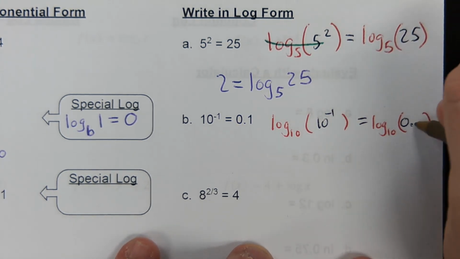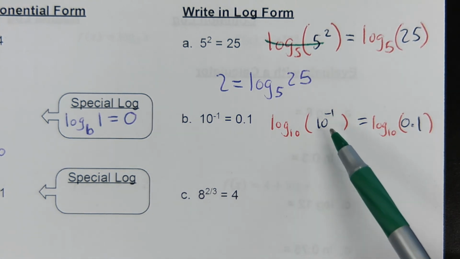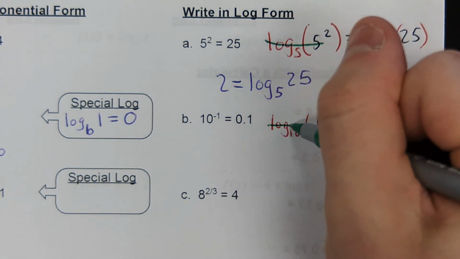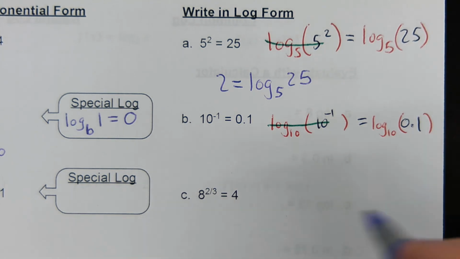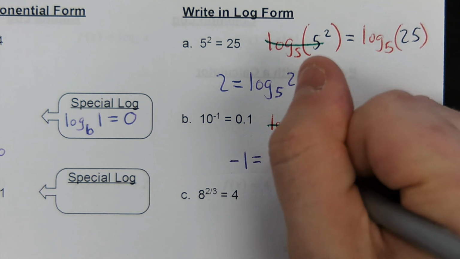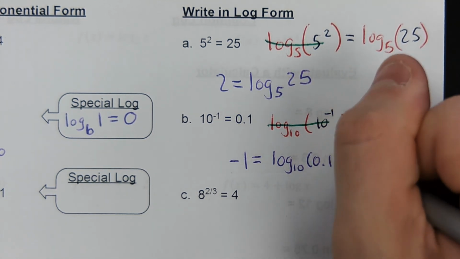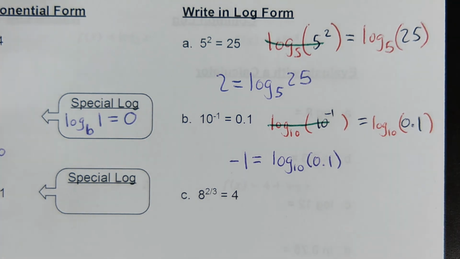Over here I had a 0.1. The log base 10 and exponential base 10 will cancel each other out, leaving behind the true statement that negative 1 does in fact equal log base 10 of 0.1.